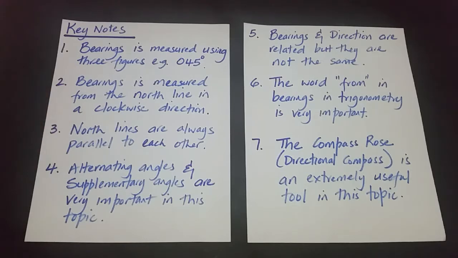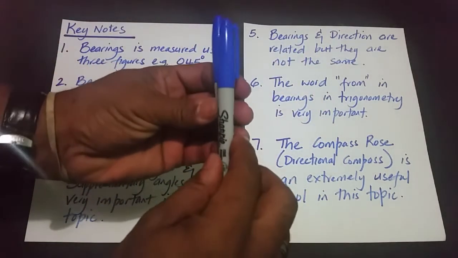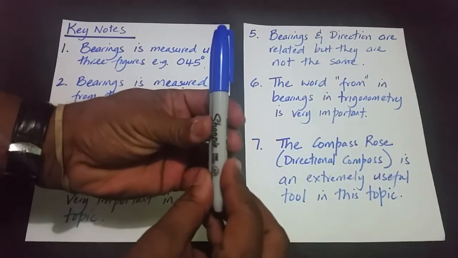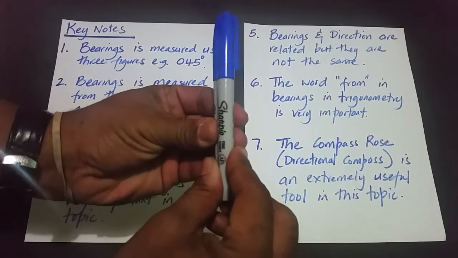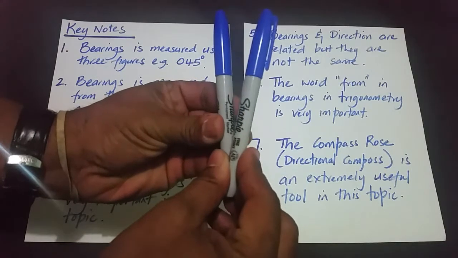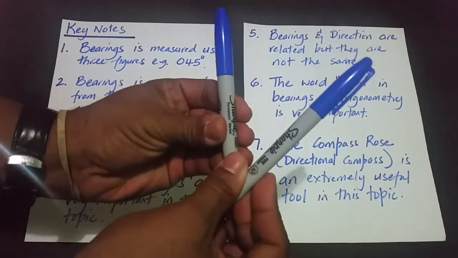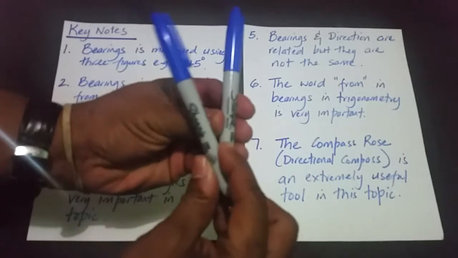All right, the next one says bearings is measured from the north line in a clockwise direction. So for example, envision the clock at 12 noon, and as far as bearing goes, bearing is measured from the north line in a clockwise direction, going around like this, never anti-clockwise.